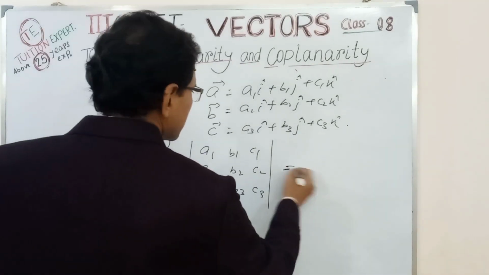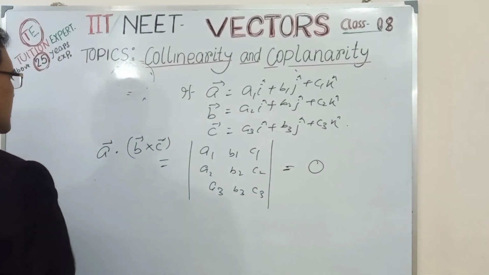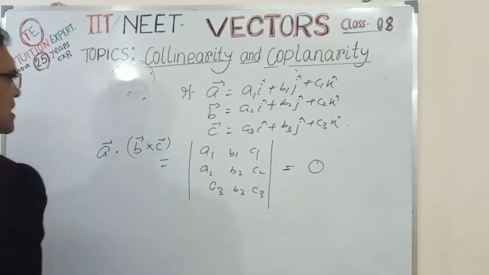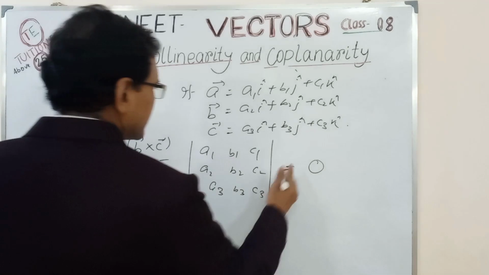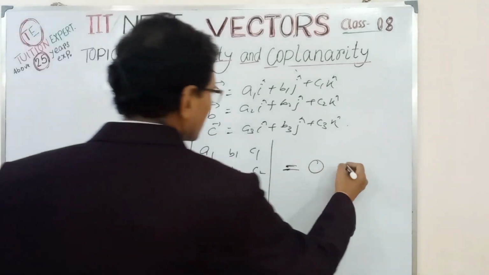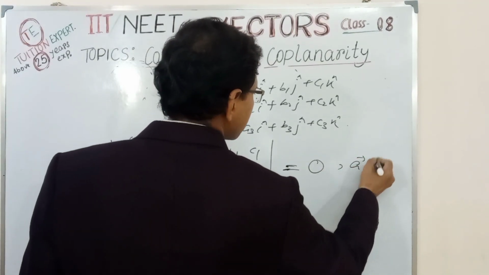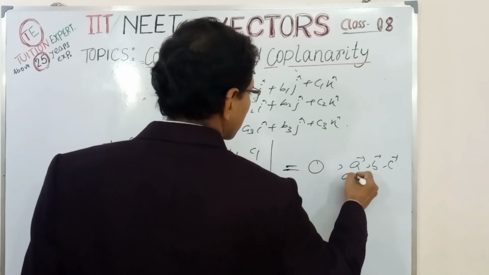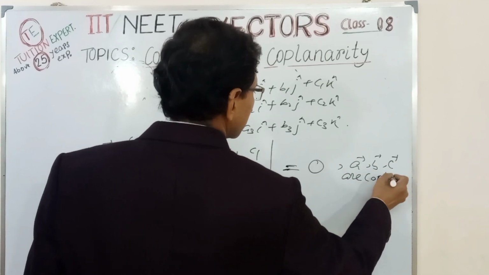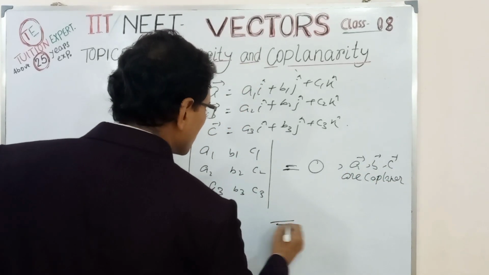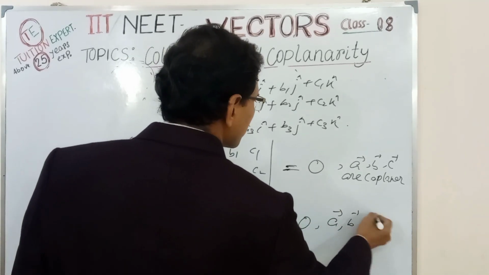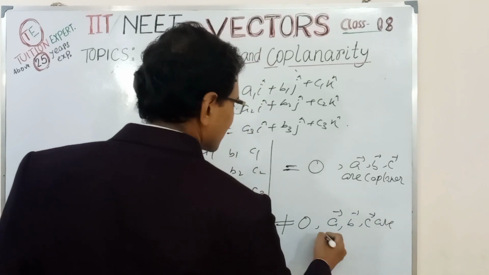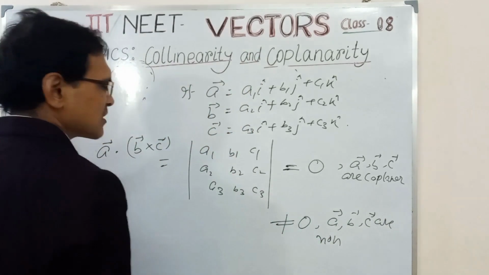If this determinant becomes 0, then we say that A, B, C lie in the same plane, that is, they are coplanar, and if not equal to 0, then A, B, C are not coplanar. Simple things.